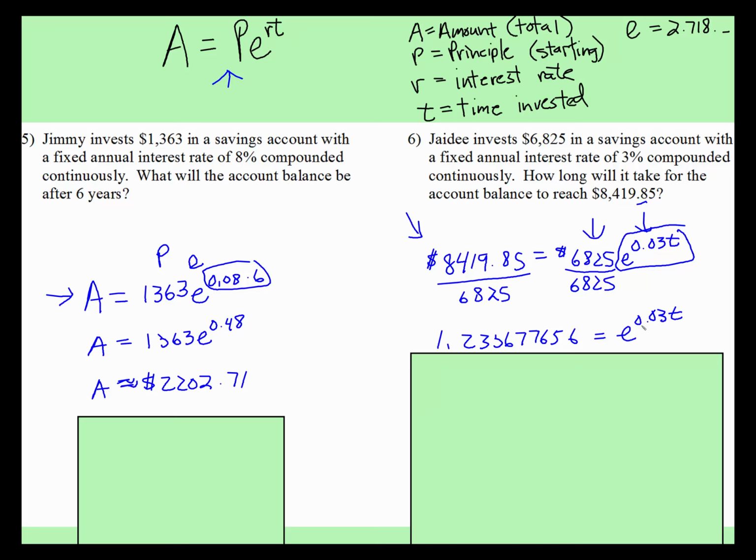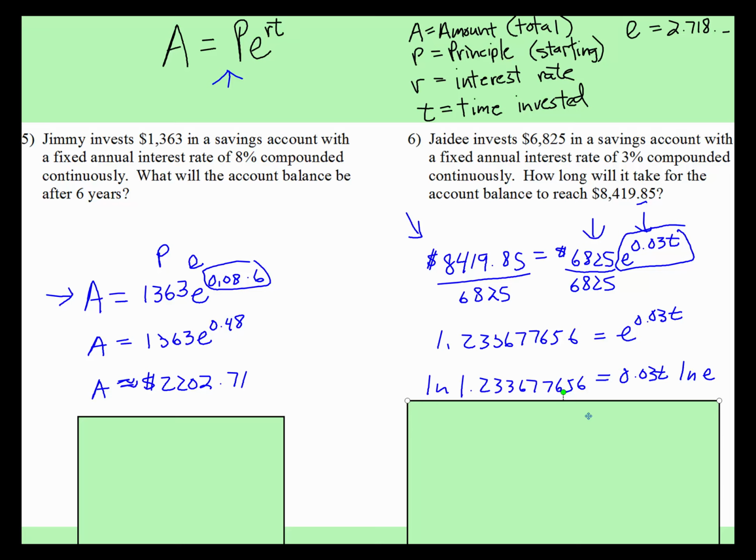Well, again, we can't simplify that, so that's when we're going to take the natural log of both sides. And remember, when you take a log or a natural log of something, by the laws and properties of logs, this exponent gets put in front. So we took the natural log of the left, we took the natural log of the right, but this exponent, which was right here, just got moved to the front.